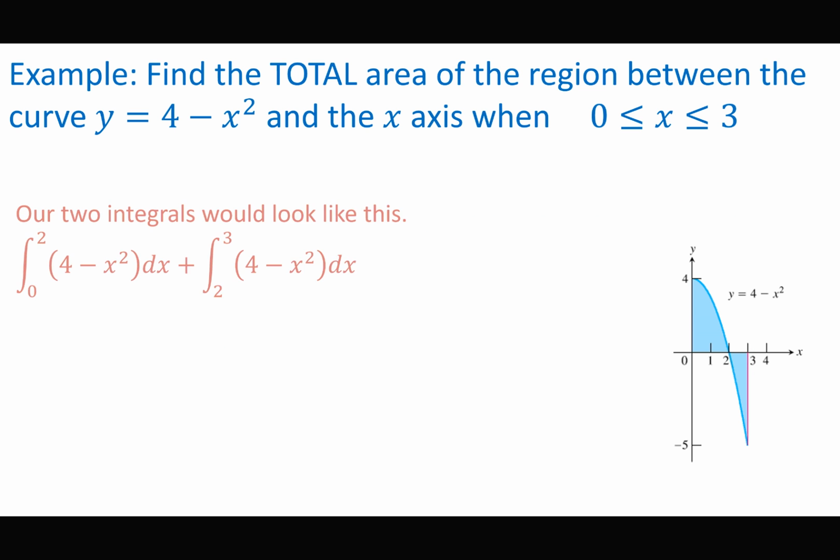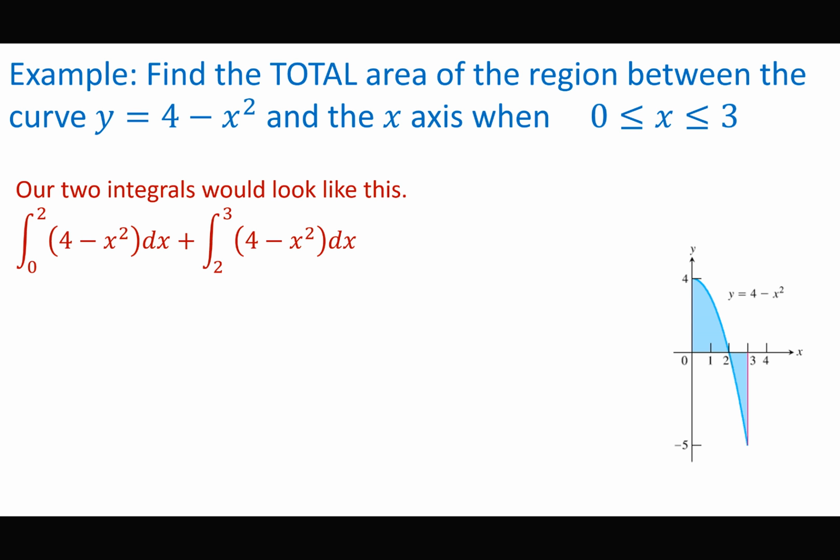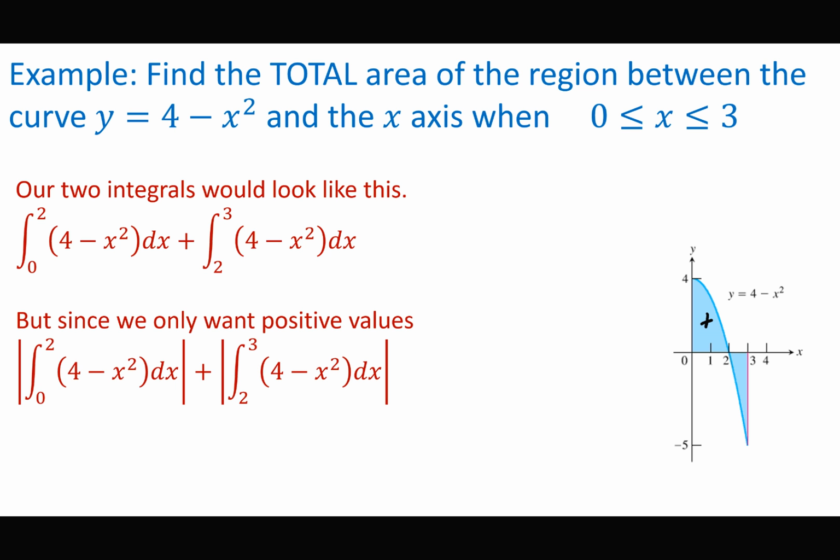Okay, so my two actual integrals would look like this: 0 to 2 of 4 minus x squared dx. And I can put that right in my calculator and come up with a number. And I know that's going to be a positive value. And then I'm going to combine it with the integral from 2 to 3 of 4 minus x squared dx. But we want total area.